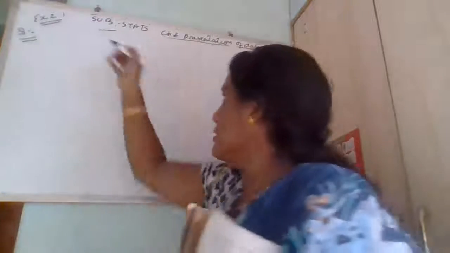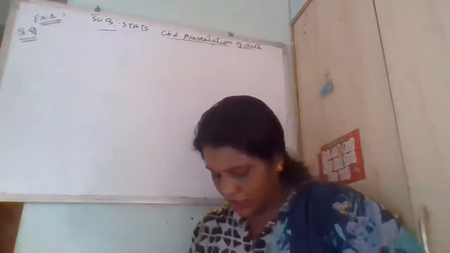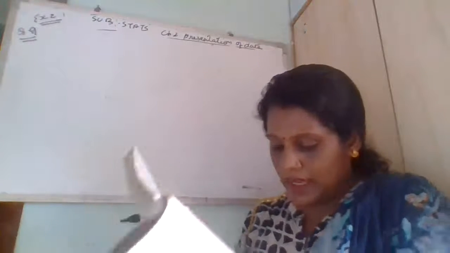So in the ninth sum, you have to find an inclusive frequency distribution, and mid value and frequency are given.